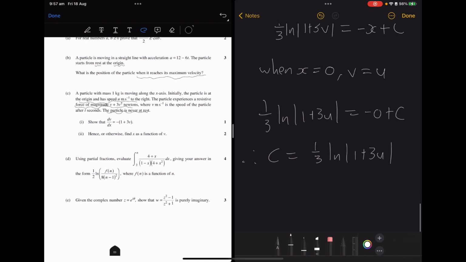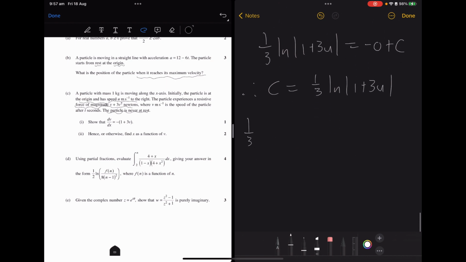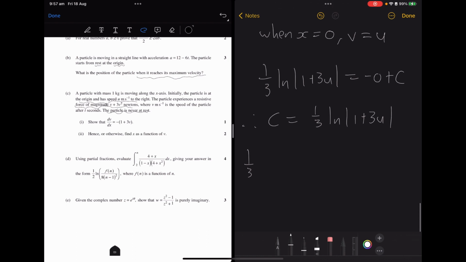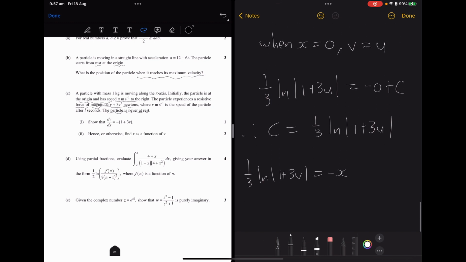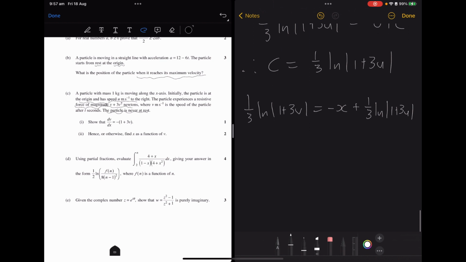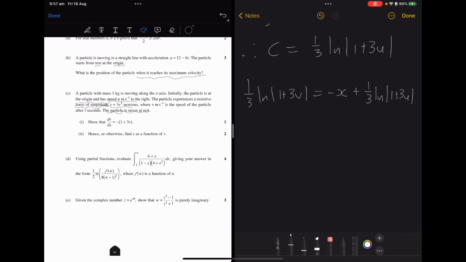Yep, and now we just sub that in. So 1/3 ln absolute 1 plus 3v equals negative x plus 1/3 ln absolute 1 plus 3u. Bit of a long one. So if we pop everything together, we want to bring x to the left hand side and bring this to the right hand side.